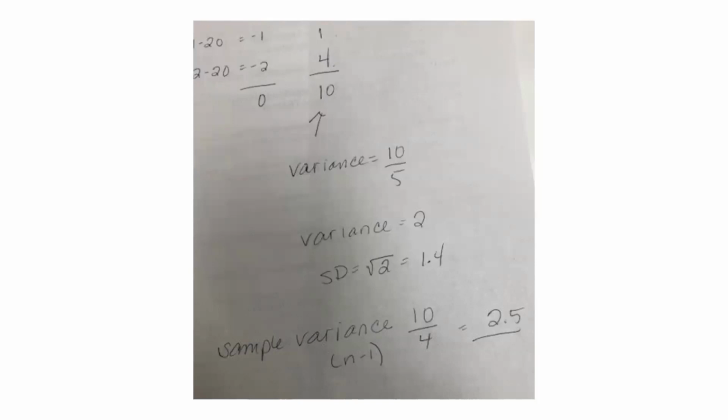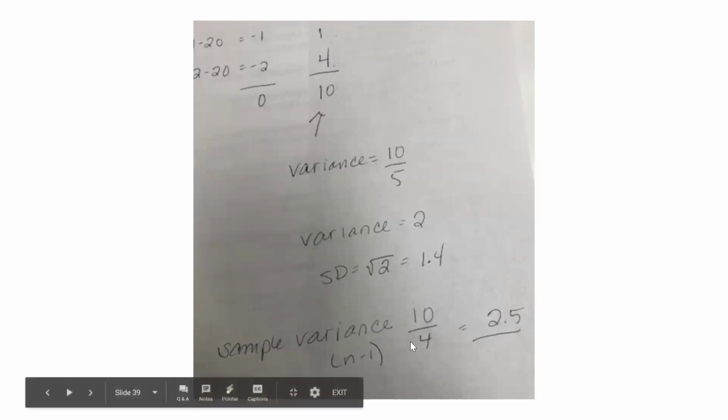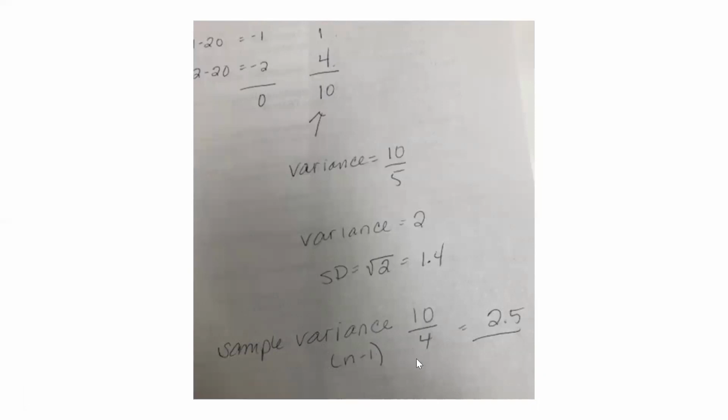And so a more accurate way to estimate the standard deviation for the population from the sample is to give a little more wiggle room in my math. To do that, I divide the sum of squares by n minus 1. So instead of dividing by 5, I divide by 4.